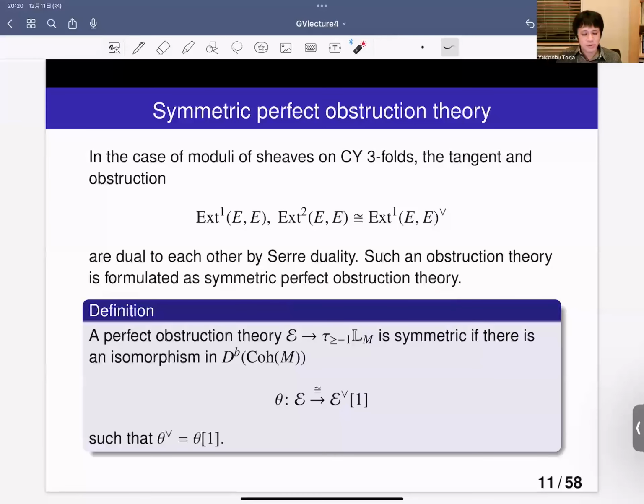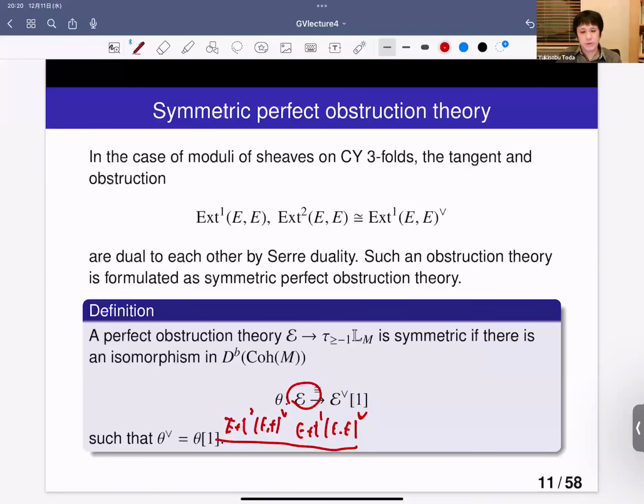By definition, a perfect obstruction theory is called symmetric if there is this isomorphism. In this context, this E corresponds to something like Ext^1 dual and Ext^2 dual. If you take the cohomology of E, then we may get something like this.